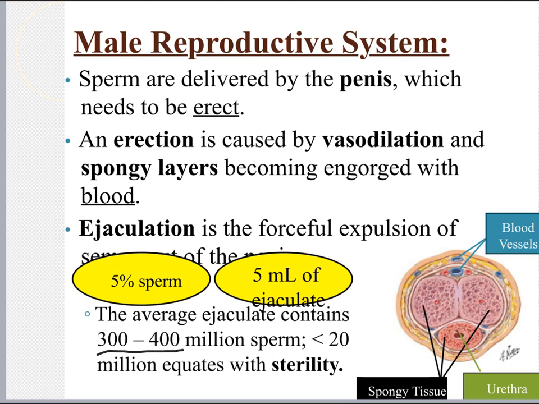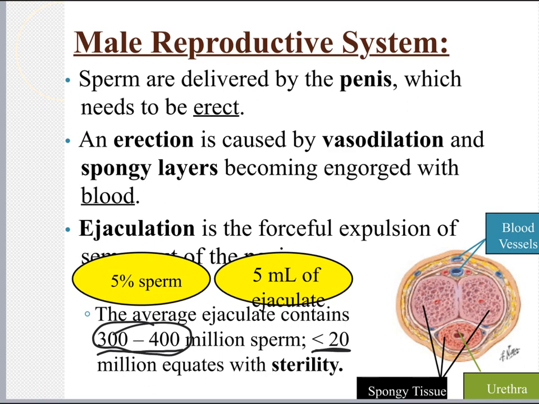Maybe 50 to 100 sperm actually make it to the egg after being ejaculated, okay? So it's for that reason that any man who has a sperm count in his ejaculate of less than 20 million, that pretty much equals sterility. Because if out of 300 to 400 million, only about 50 to 100 are gonna make it to the egg in order to fertilize, if only 20 million are starting, there's almost zero chance that one of those sperm would ever actually make it to the egg.